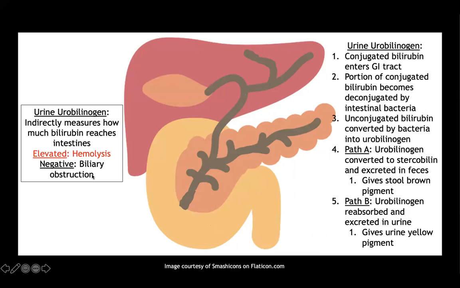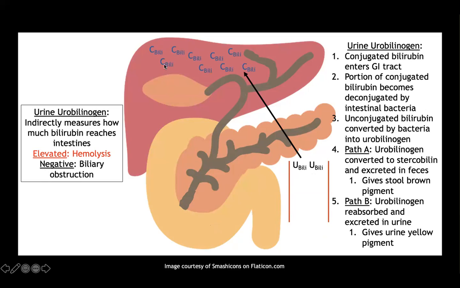So let's discuss why urine urobilinogen would be elevated in hemolysis and pretty much negative or very low in obstruction. In hemolysis, you have a ton of unconjugated bilirubin, and if you measured the blood levels, this patient would have an unconjugated hyperbilirubinemia. But it's not like your liver's not working. Your liver's seeing all of this unconjugated bilirubin, and it's working as hard as it can.